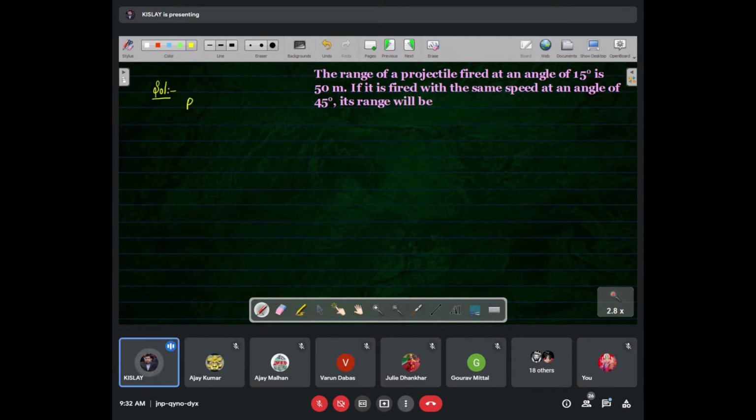We know range is equal to u square sine 2 theta divided by g. I'm putting R1 because we have two cases.